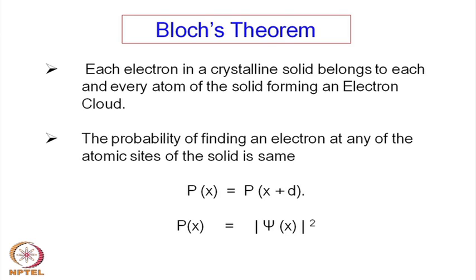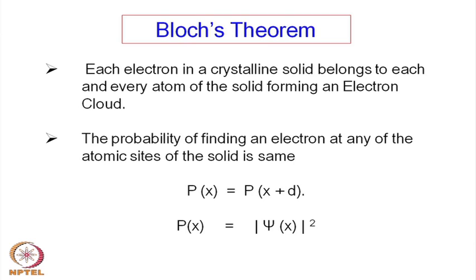Now, to do the mathematical analysis, there are certain theorems, considerations and assumptions, so let me just introduce the names or the particular ideas. Each electron in a crystalline solid belongs to each and every atom of the solid, forming an electron cloud.